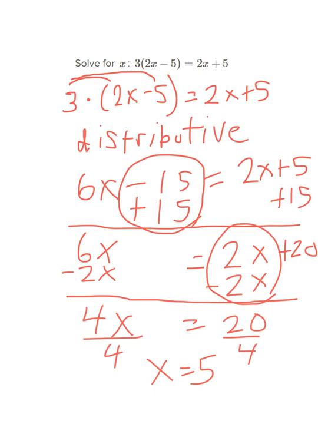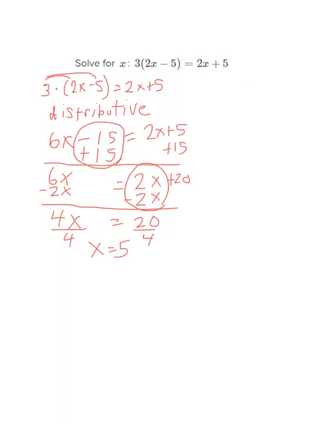And what that means is if I put a 5 into here and a 5 into here, both sides will be equal. Let's go ahead and do that so you can see what it looks like. This is called checking your work.